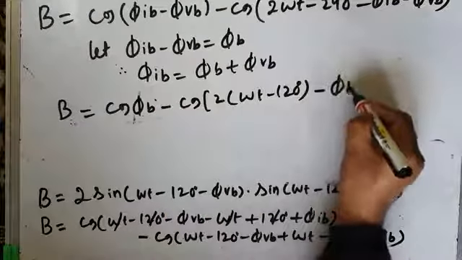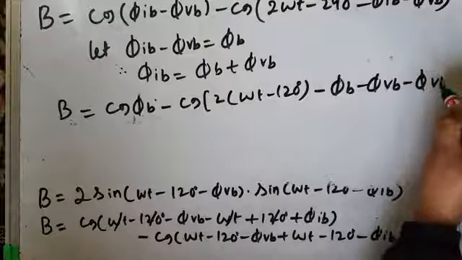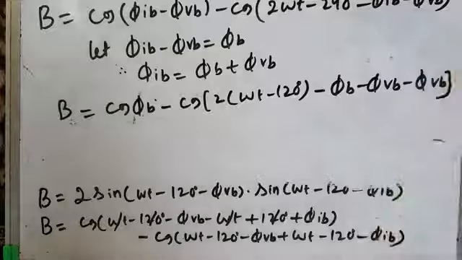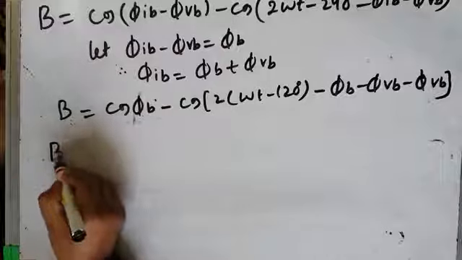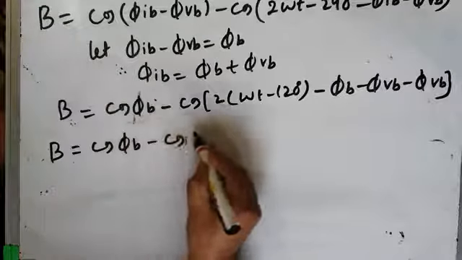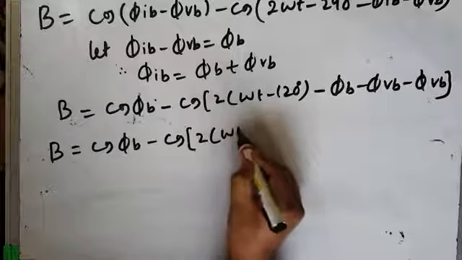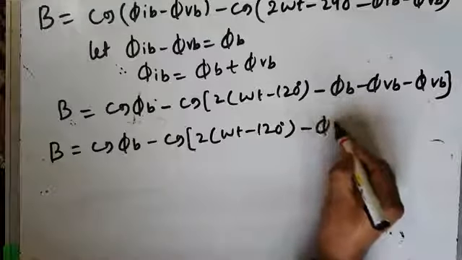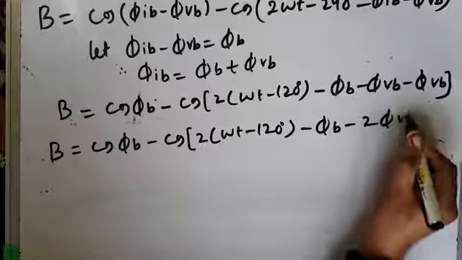So it is minus phi b minus phi vb. Then you have your own minus phi vb. Okay, that's it. So further simplification gives b equal to cos of phi b minus cos of 2 times omega t minus 120 degrees minus phi b minus phi vb minus phi vb is minus 2 phi vb.